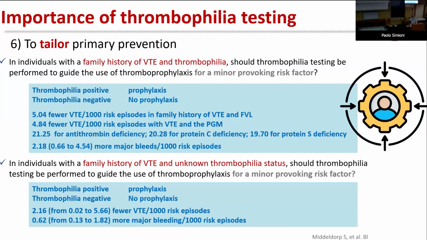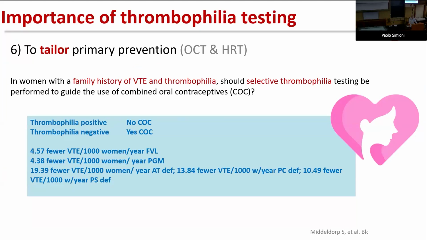So if you have family members of a patient with thrombosis in whom you have identified, say, an antithrombin defect, it's important to study the asymptomatic family members, because the benefit of this information in terms of preventing the first thrombotic event is absolutely more important than the risk to which you expose the patient by giving prophylaxis during a risk period for thrombosis, say surgery, or by avoiding oral contraceptive administration. So this can be important.